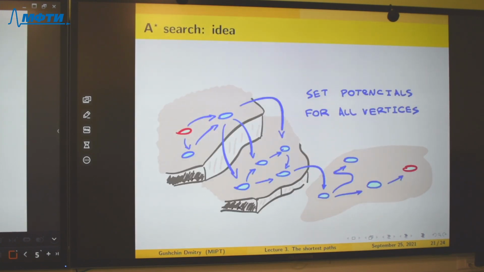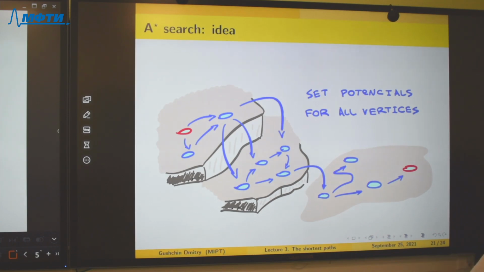And about the last algorithm for today, it's about A-star search, or goal-directed search. That is another name of this algorithm.